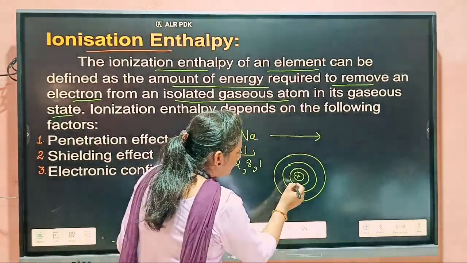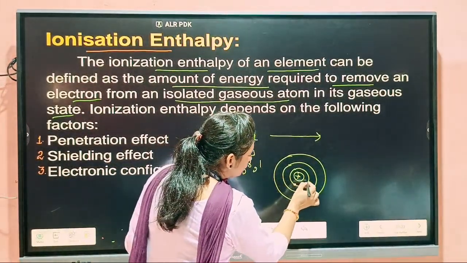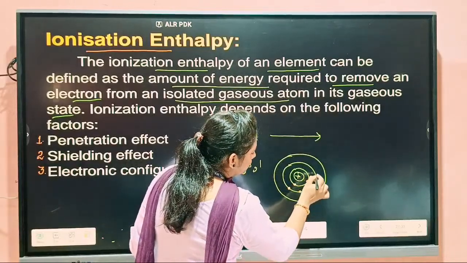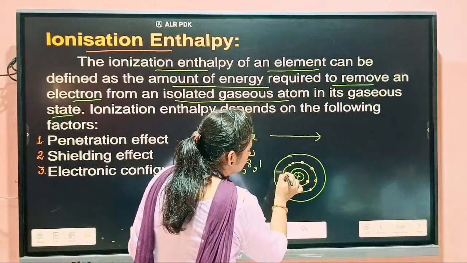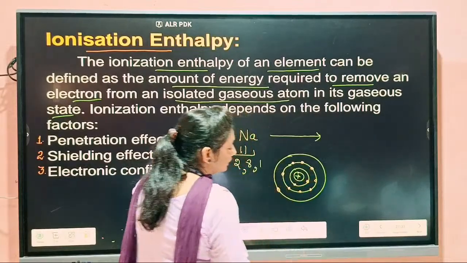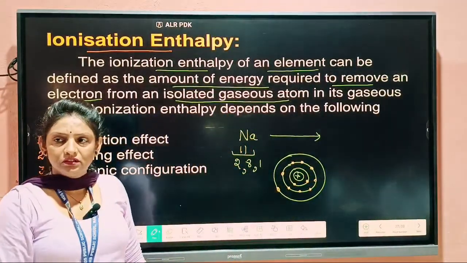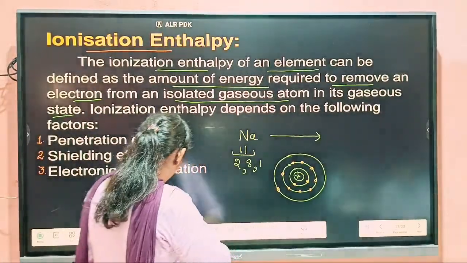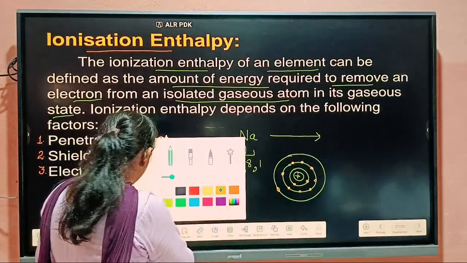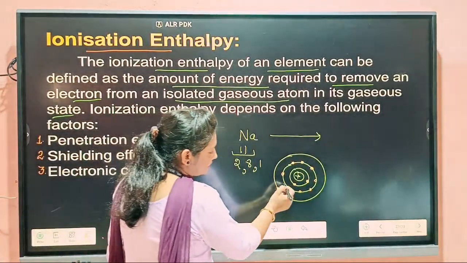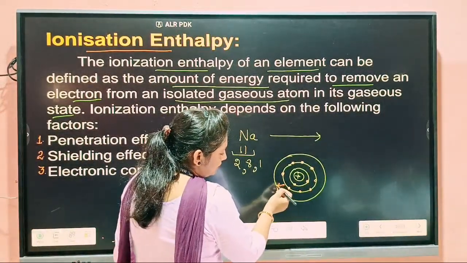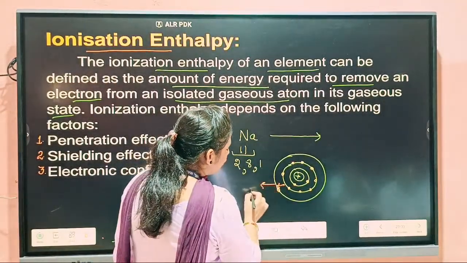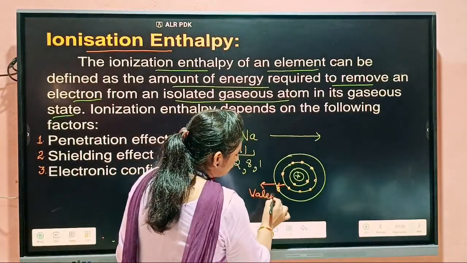In the first shell there are 2 electrons only. In the second shell there are 8 electrons. And in the third shell there is 1 electron. So we want to remove this electron from the outermost shell. Outermost shell means the shell which is present on the outside. That is known as the outermost shell or valence shell.